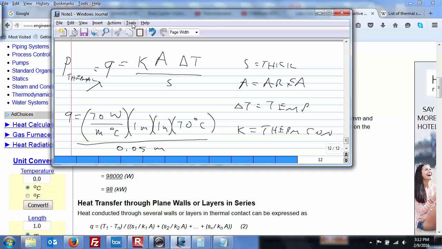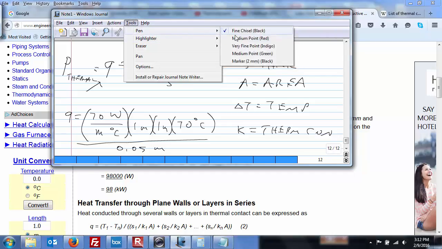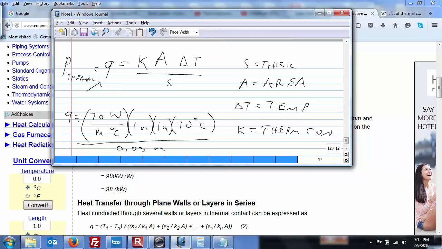In this case, I don't see any powers of 10, so it's a little bit easier. But I'm going to cancel my degree C, cancel my degree C. I'm going to cancel this meter with this one. It's in the denominator of the numerator, so those 2 cancel. And then this meter in the numerator is going to cancel with this meter in the denominator. I don't have any other powers of 10 to worry about.